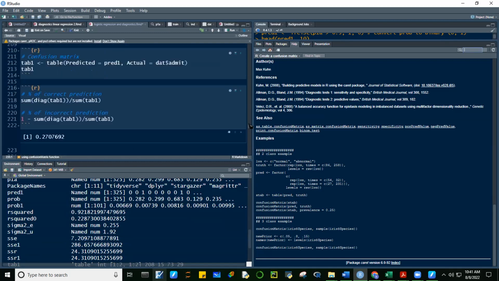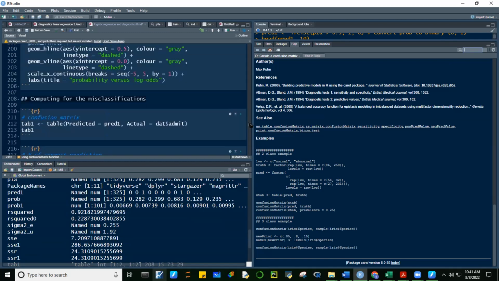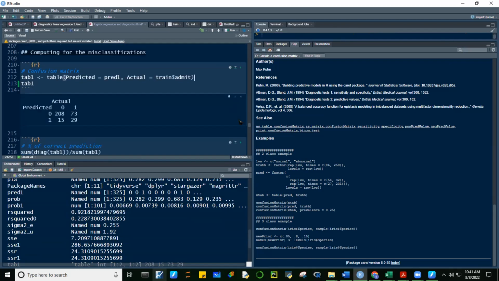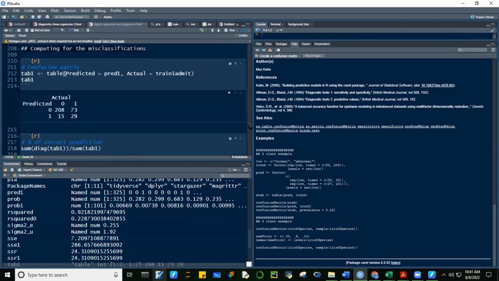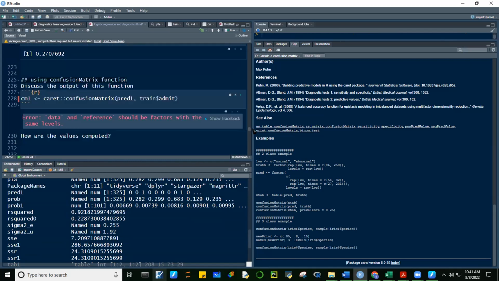Okay, sige, let's use that function. So tab 1. Dito, this should be train. Okay. Tab 1 is a table of predicted and train. Sige. And then confusion matrix.